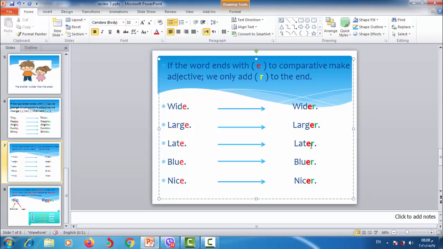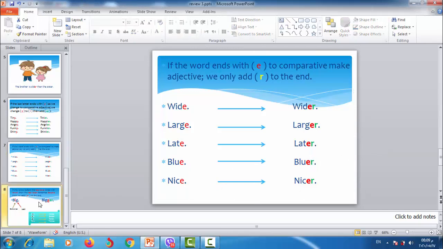Late, later, the same thing. Look, late, we only add R. Blue, bluer. Blue, bluer. Nice, nicer.